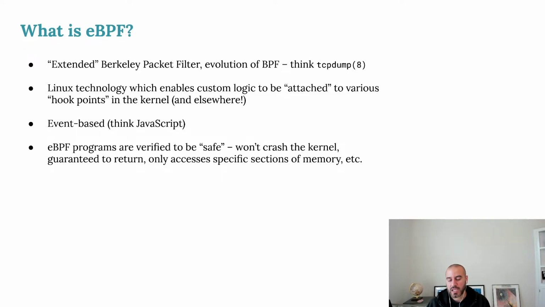And so eBPF is an extension of that, where now, rather than only working for packet filtering, it essentially is a way to handle any type of custom logic that you want to embed into the Linux kernel without having to change it.